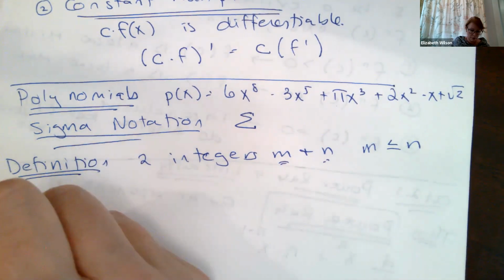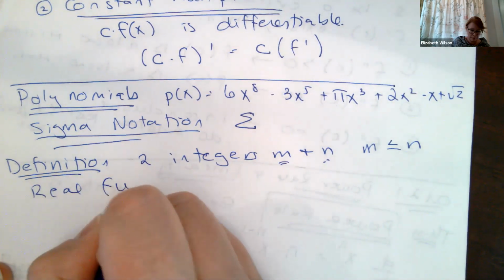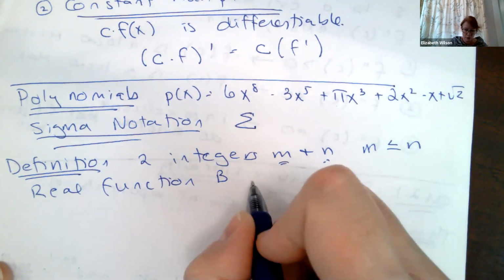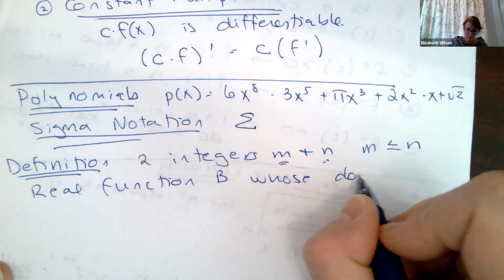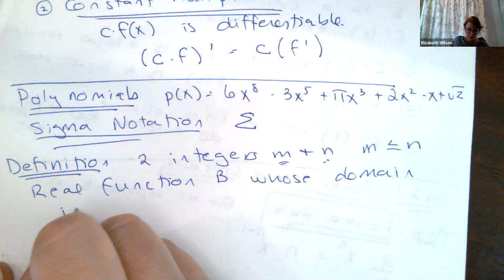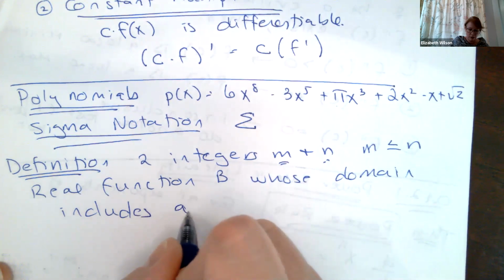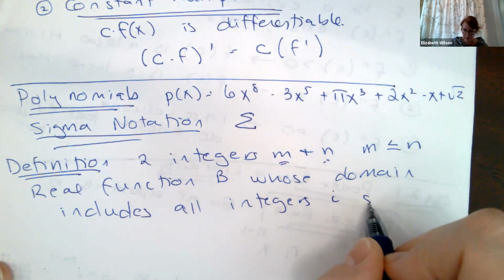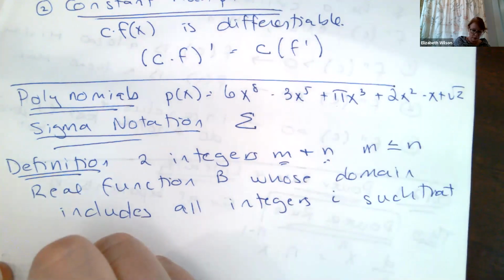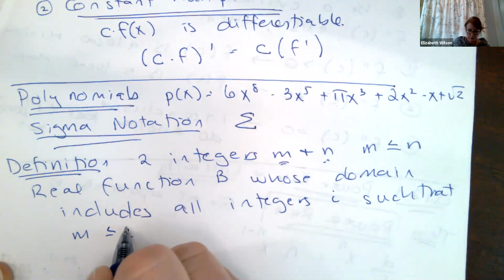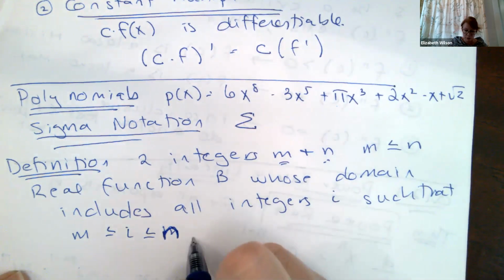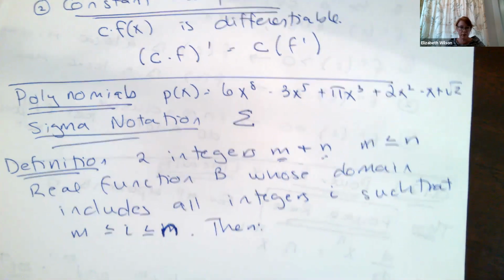We've got some real function b, we're not going to define it just yet, whose domain includes all integers i such that i is between m and n.